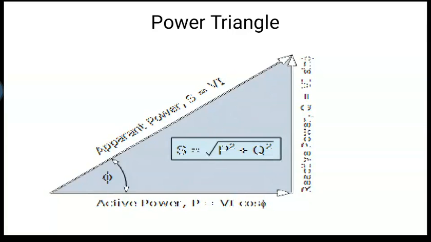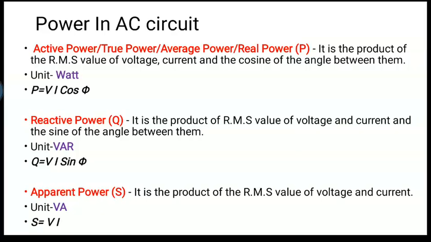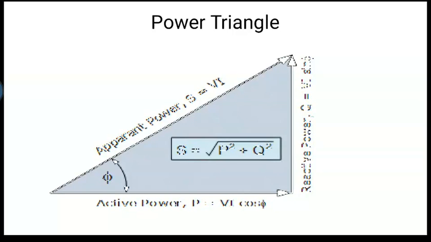Okay. You can see here P is equal to VI cos phi. It is not clear, but you can understand from here also. P is equal to VI cos phi, right? And the side opposite to the angle phi is nothing but the reactive power. Okay, that is VI sin phi. Okay, so this is a power triangle. Sometimes they ask this power triangle for 2 marks.